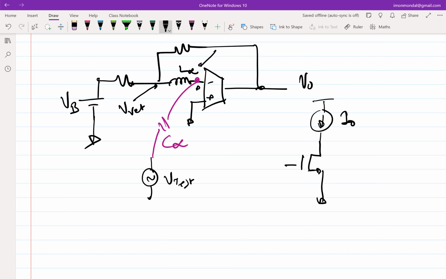Will the gate be biased to some voltage? Whatever you are seeing, this is the circuit. Nothing additional. So this is the circuit, VDD, and the gate is open. So what will be the gate voltage?